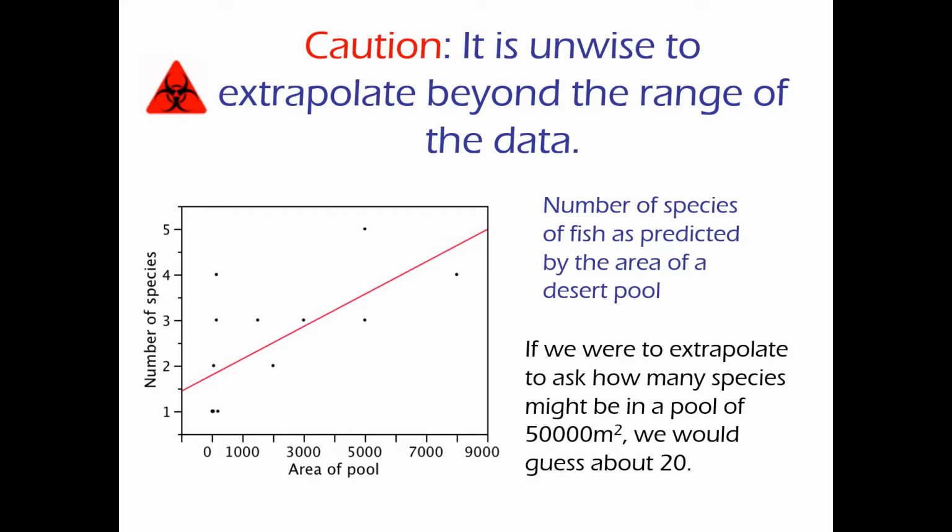If we extrapolate beyond that range and ask how many species might be in a pool of 50,000 square meters, which is far beyond the range we have here, we could guess about 20 species from the regression equation. However, in the real world, the total number of fish species in the desert area might already be less than 20.